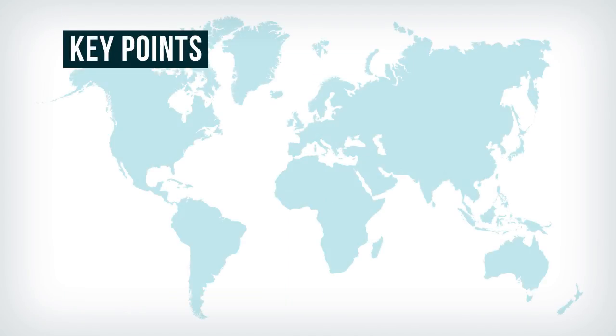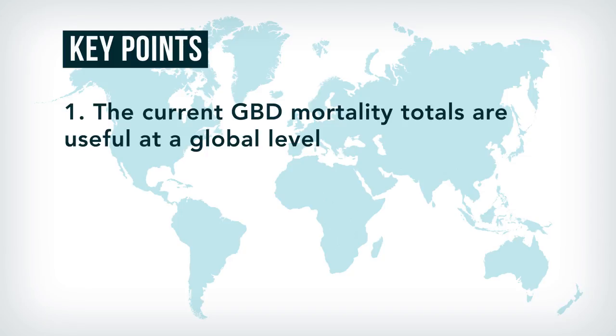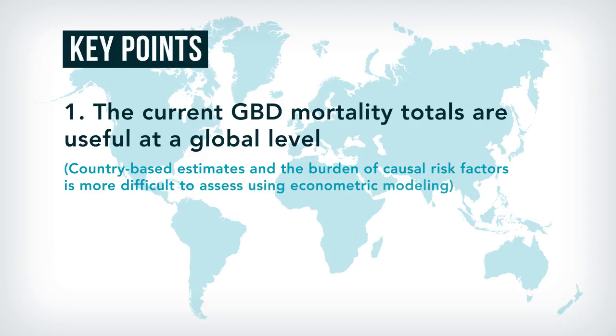So we can conclude with 2 points. First, the current GBD mortality totals are probably very useful at a global level, but the country-based estimates and the burden of causal risk factors is more difficult to assess, particularly because it relies mostly on econometric modeling.